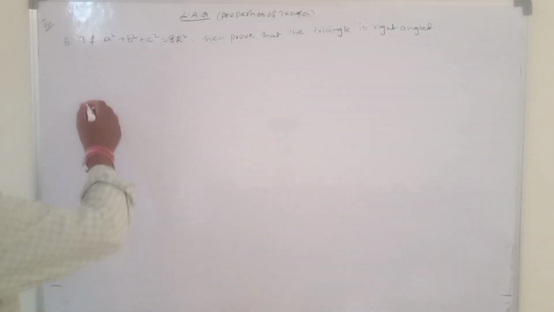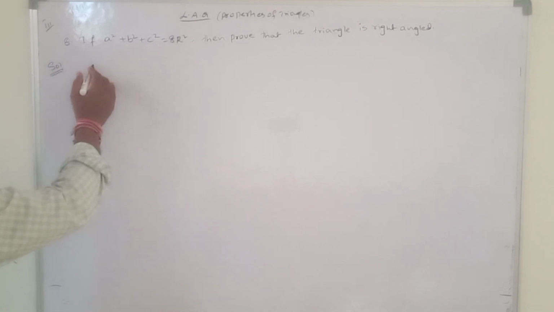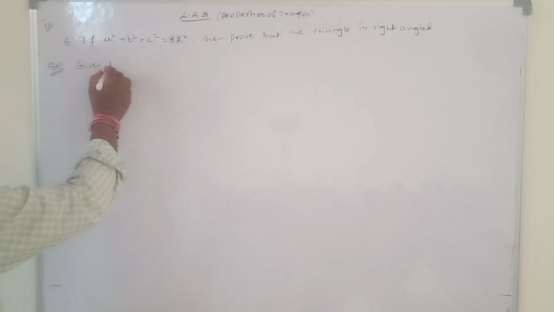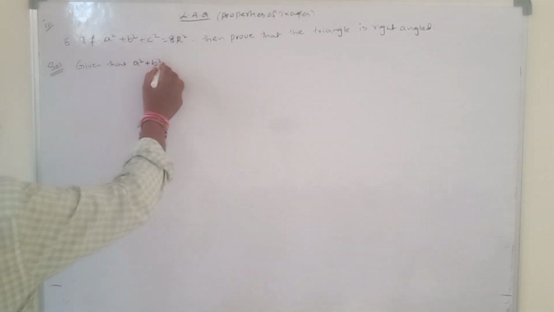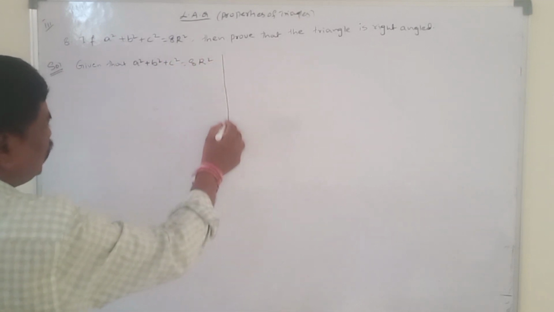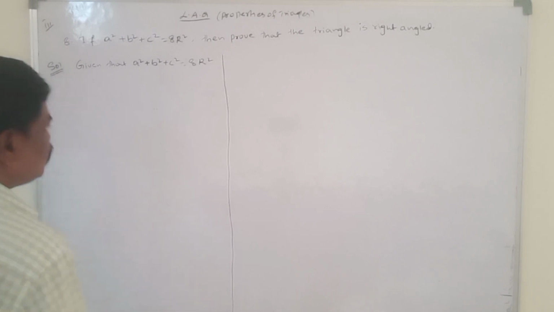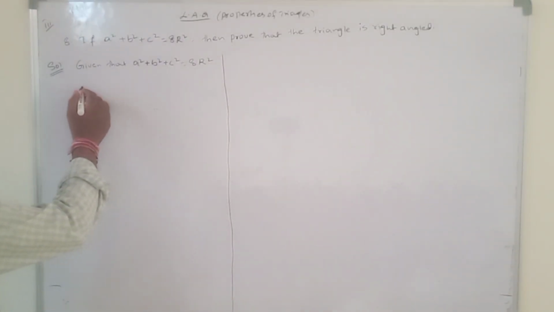This is the given problem, so we have to solve it. The given condition is a square plus b square plus c square is equal to 8r square. Then we have to prove it is a right angled triangle.